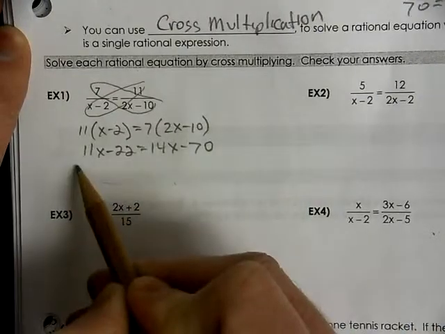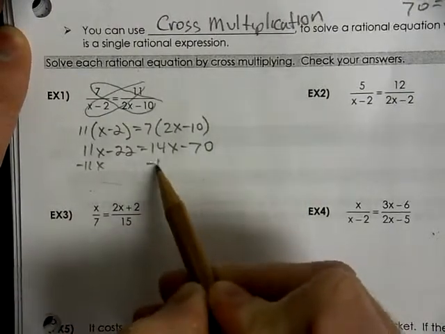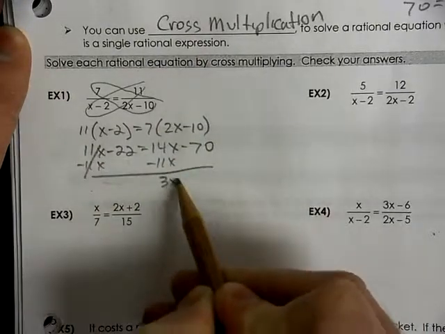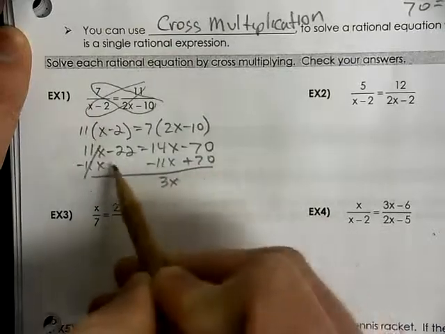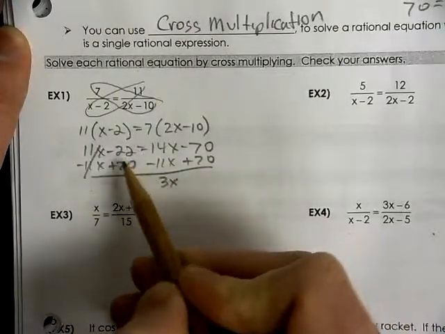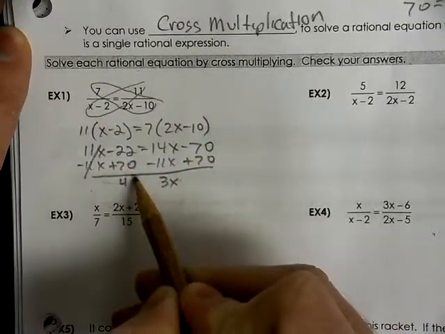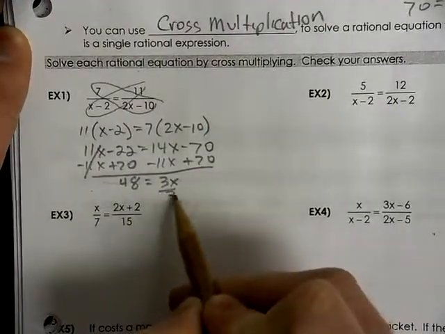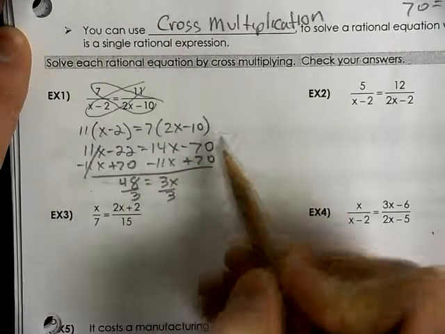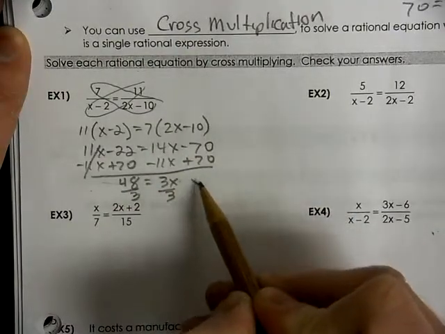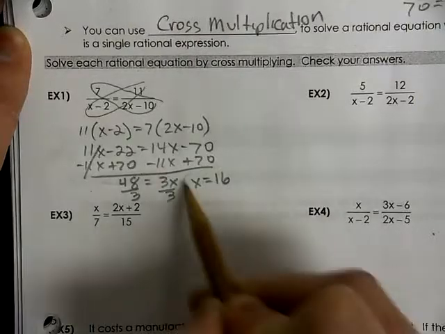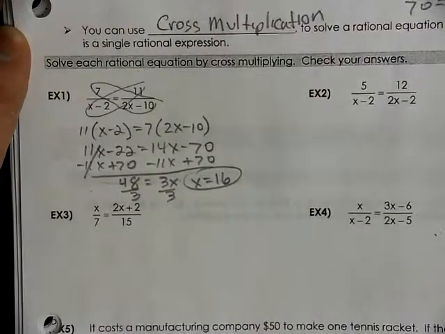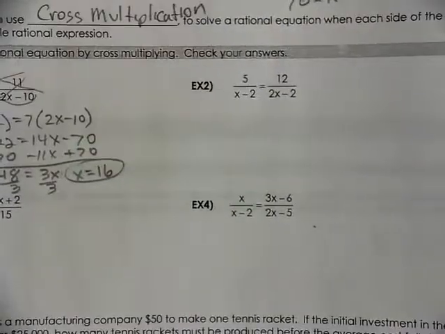Then we collect our like terms. By dividing by 3 to both sides, we get x equals 16.